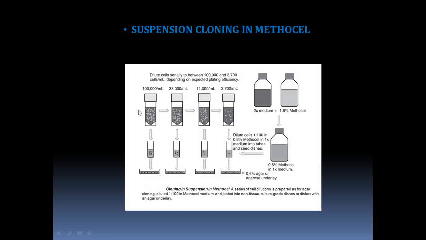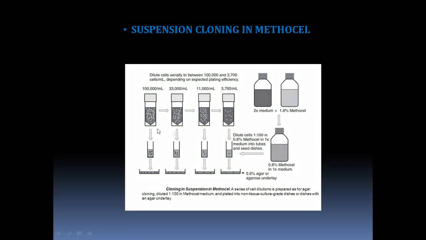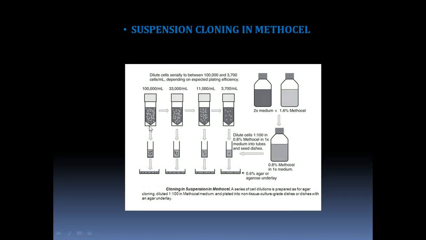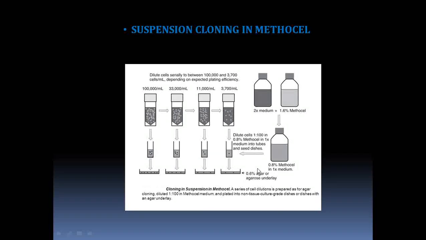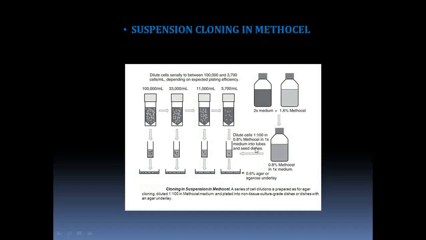Here you are diluting serially, so that you can reduce the cell population and cell count for cloning to happen. But you will be collecting the content from each dilution and plating them into different plates where you have already used methocell.